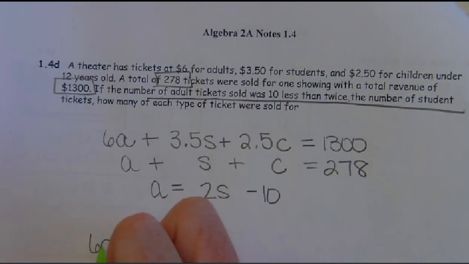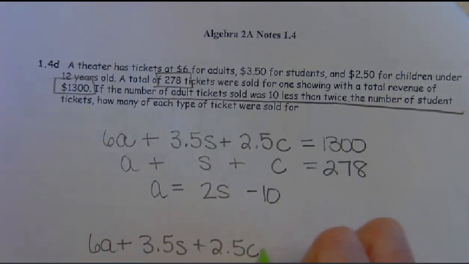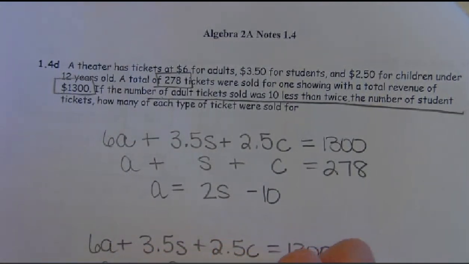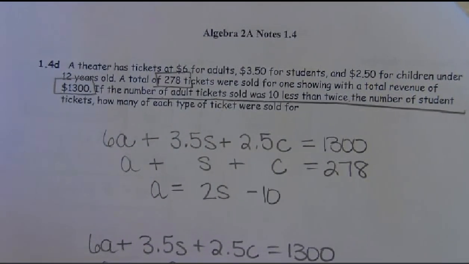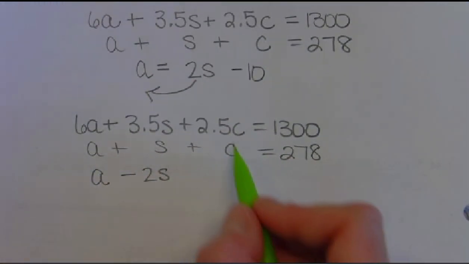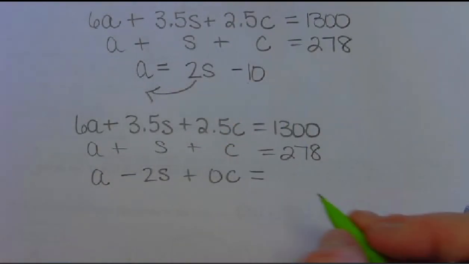So my first line is set up perfectly. My second line is set up nicely. But my third line, my A is good. When I bring my 2S over, it becomes a negative 2S. There is no C. And then on this side, what's left is a negative 10.